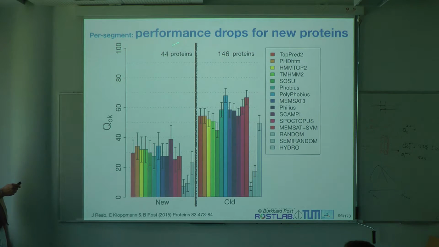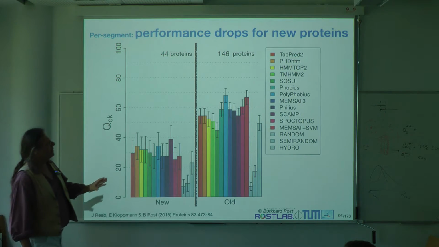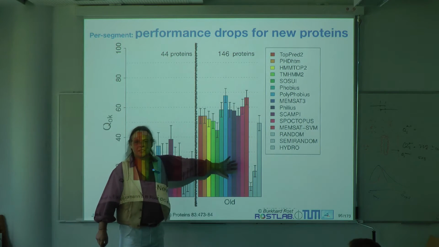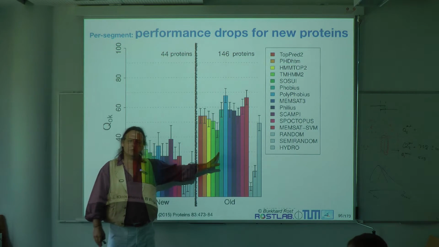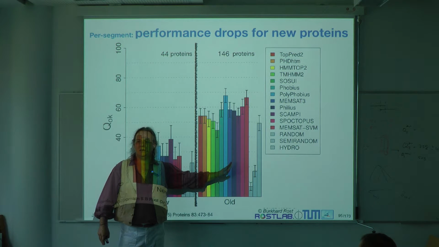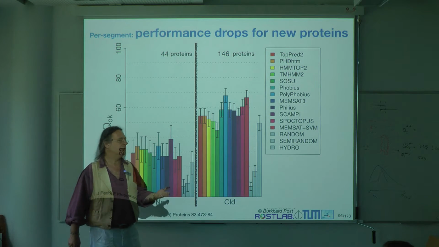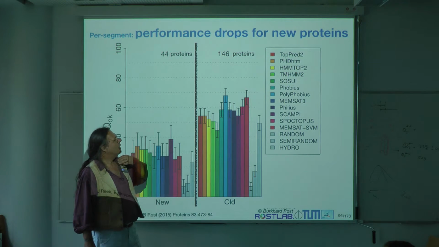So this should read 22 is a technical issue, and this should read 73. 22 plus 73 is 95. We have old and new. What that means here is those are proteins that could have been used by some of the more modern methods for training. So those were crystal structures solved over the last 15 or 20 years.